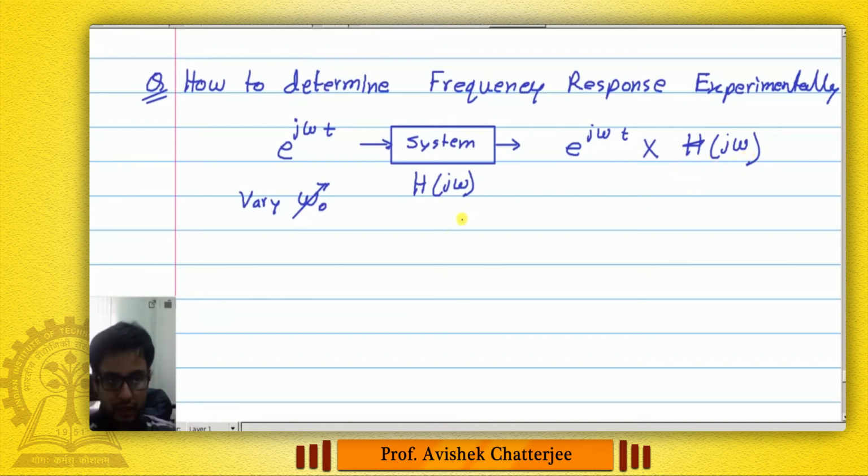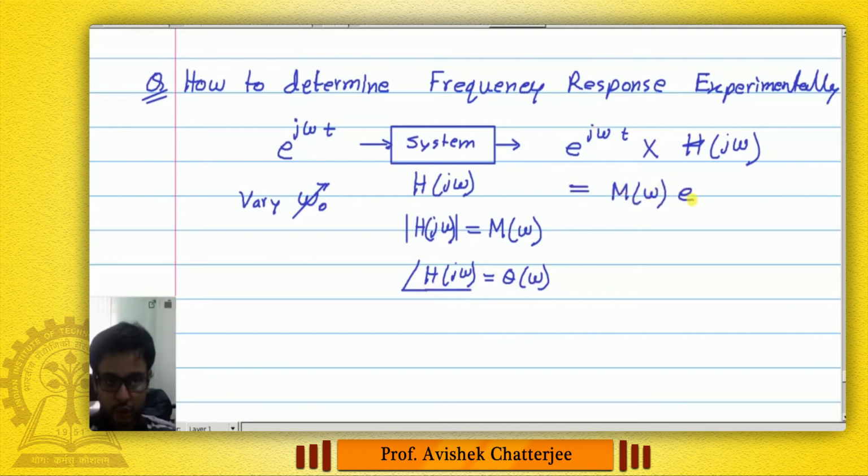Now if I write the magnitude of H(jω) as M(ω), since H(jω) is a function of ω, and the angle of H(jω) as θ(ω), then the output will be equal to M(ω) e^(j(ωt + θ(ω))).